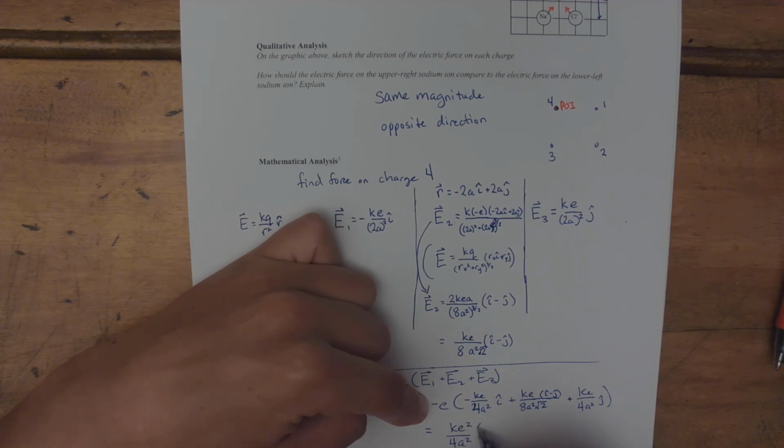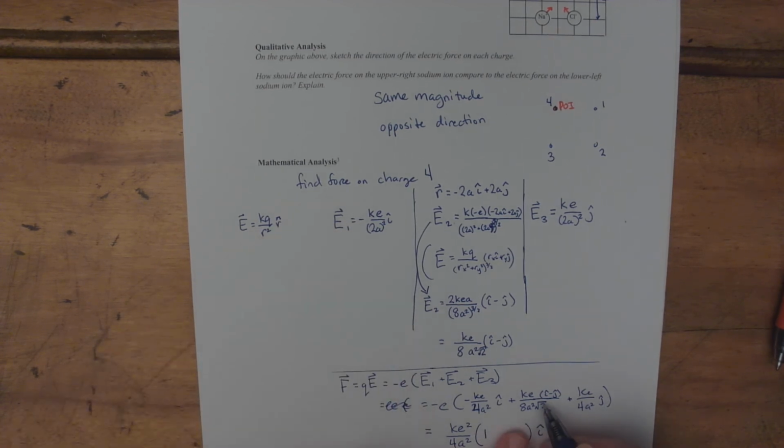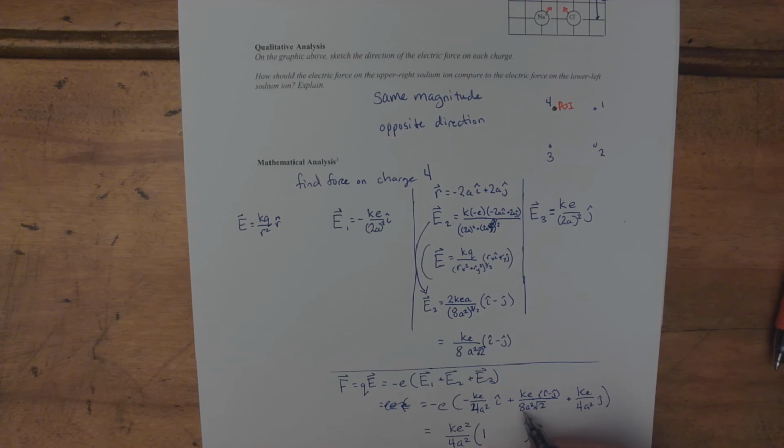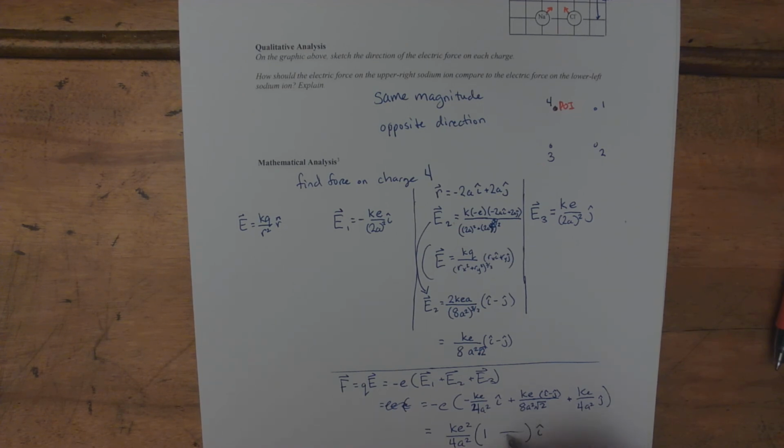So I can pull this outside, put the I hat at the end. This was my first term, so I just get a 1 there. And then for the other I hat term, if I pull out a 4 from the denominator, pulling 4 out of 8 would leave me with a 2, and then I still have the square root of 2, and because of this negative sign here, that is negative.